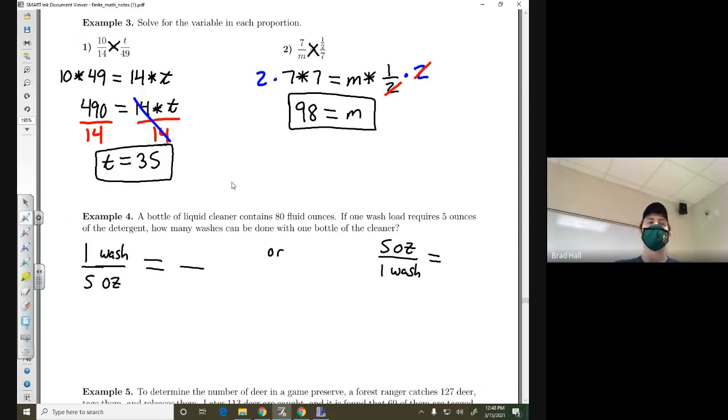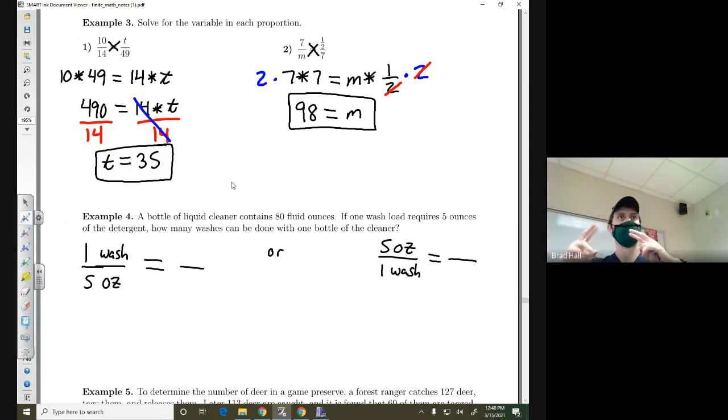The only thing you have to do to make sure that this is okay is on the other side, the other ratio also has to have number of washes in the numerator and number of ounces in the denominator, or ounces on top, washes on the bottom. The units have to be on the same part of the fraction. So if washes are in the numerator for one, wash has to be in the numerator for the other.